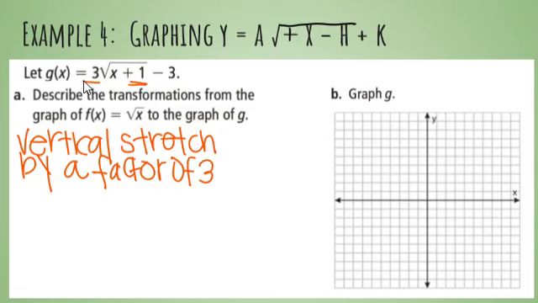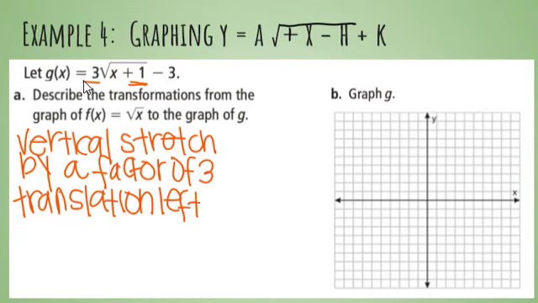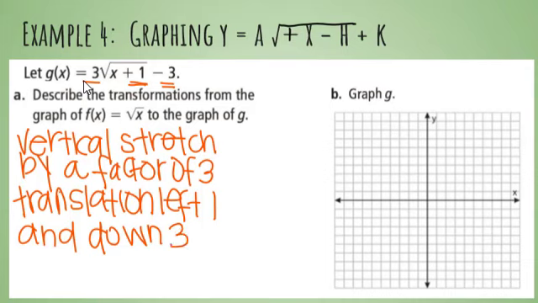Then we're looking at this +1 on the inside. That is going to be a translation left 1. And then finally, we're looking at this -3 out here. That's also going to be a translation down 3. So these are all of your transformations for this one.